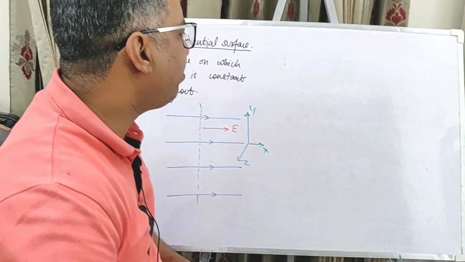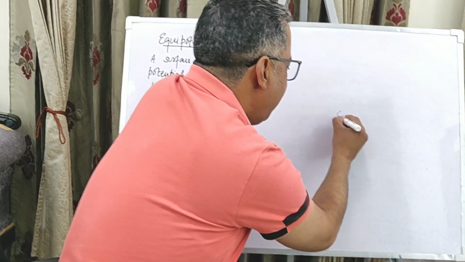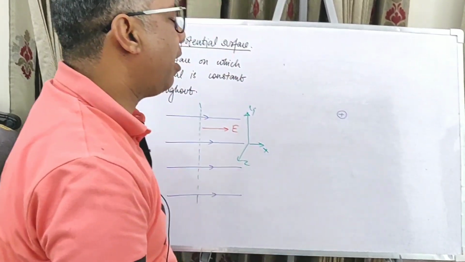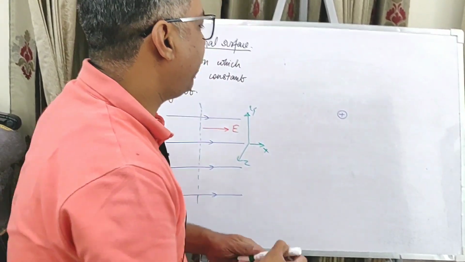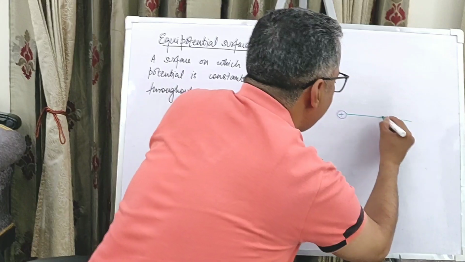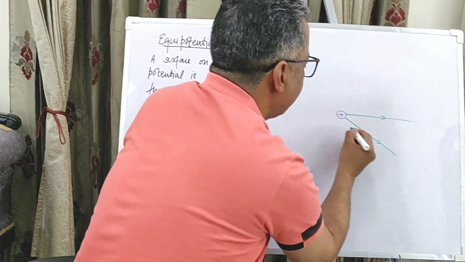I'll give you a simple example. For example, if we have a positive point charge plus Q, then the electric field lines radiate outward from it, right? Like this.